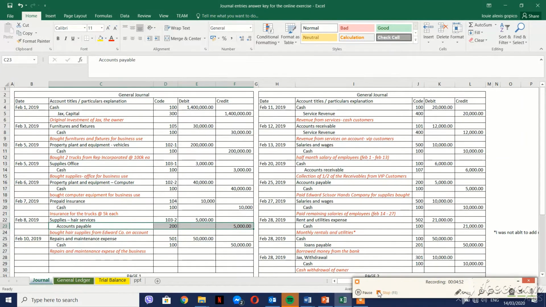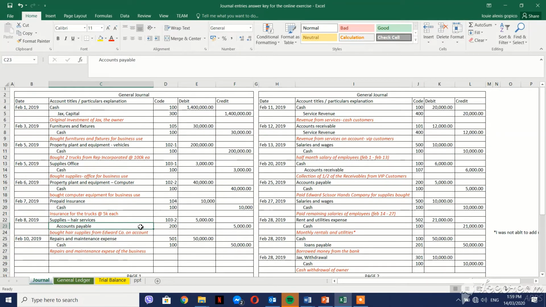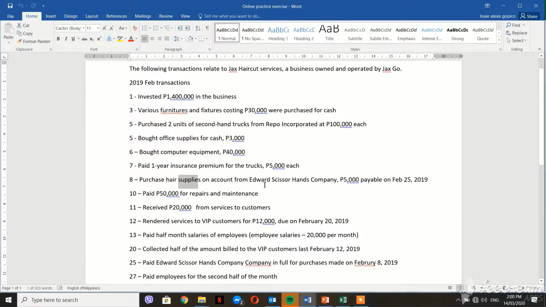Sige. So, we credit accounts payable. And as I have mentioned, why not cash? Because if you analyze the transaction, di ba, the first step in the accounting cycle is we analyze the transaction through source document. However, in this case, we are just analyzing the transaction. But basically, when you purchase something, you have to analyze the source document.